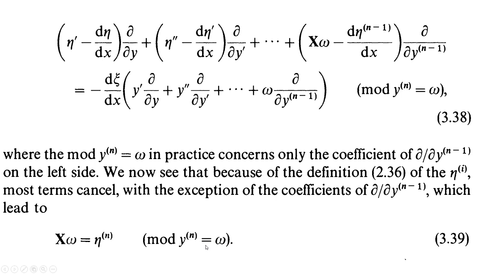This is for the purpose that we are talking about the nth order differential equation. If it is a second order differential equation, then this will be eta 2. If it is a third order differential equation, then this will be eta 3 and so on. So this is the second formulation of the Lie symmetry of a differential equation.